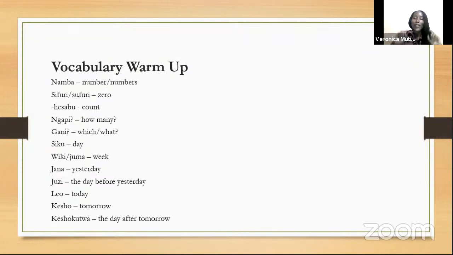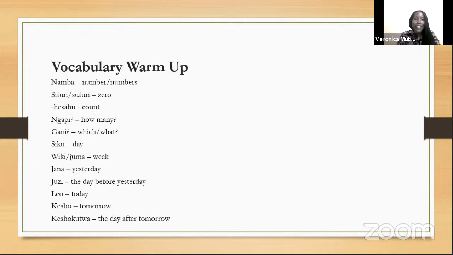Number is the word for numbers in Swahili. Number for number or numbers. It's both singular and plural. Simple, number. Other people say nambari, R-I at the end, nambari. So whichever you choose, it's correct.